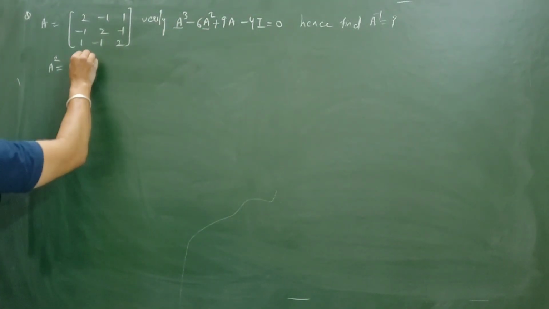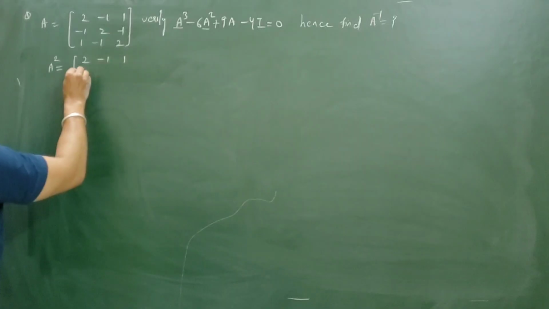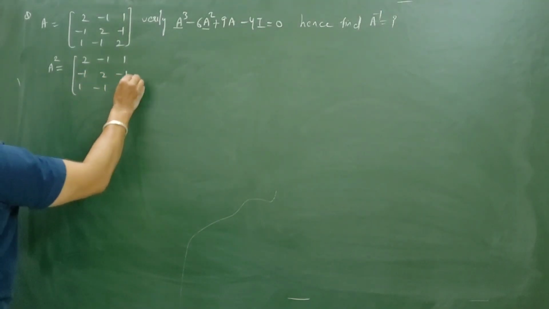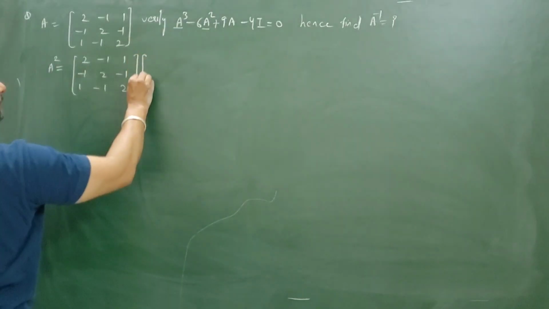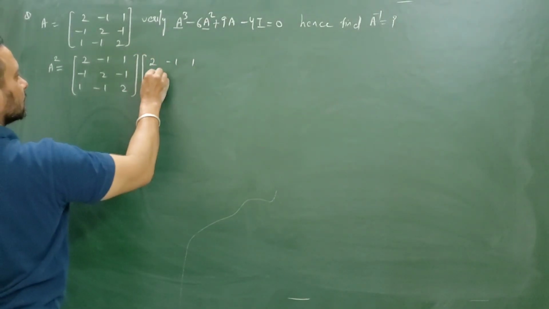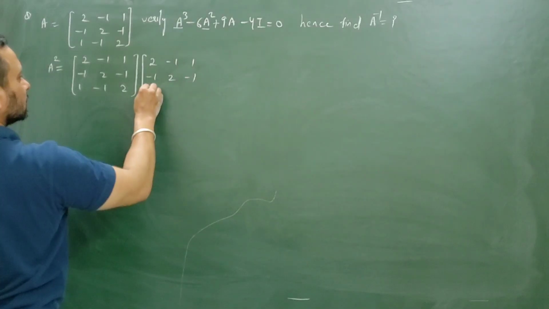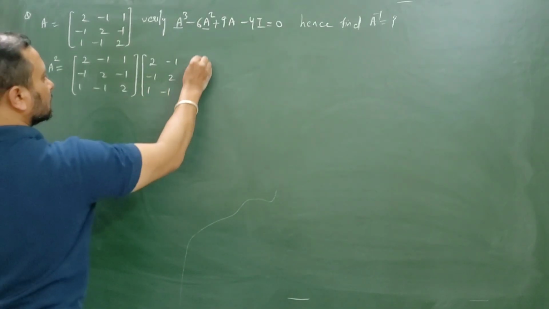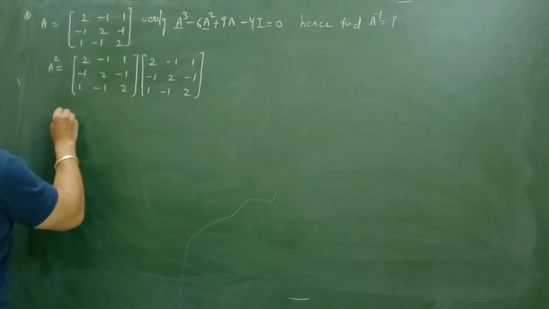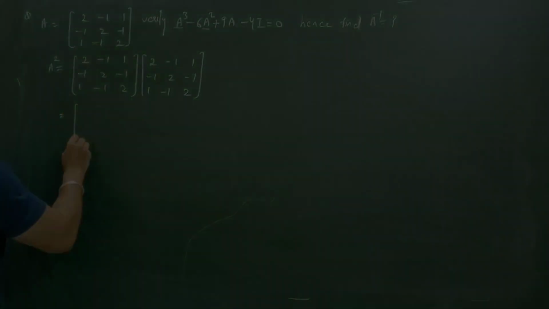For A square, after multiplication or the product of these two matrices, we get the value of A square.